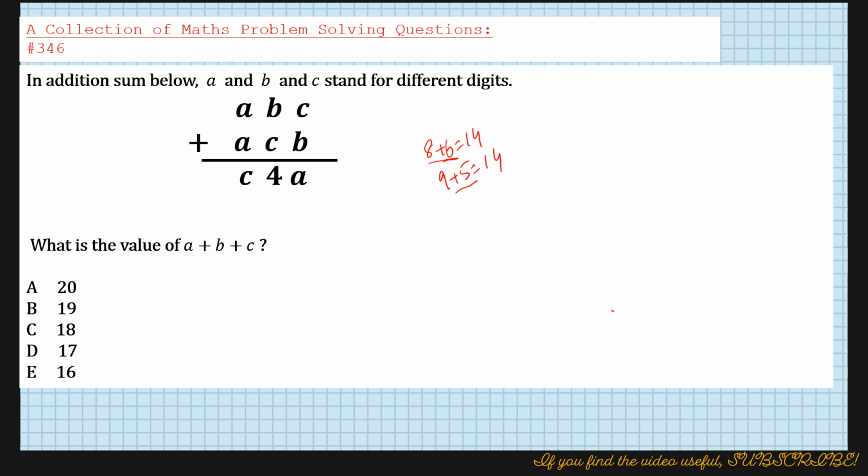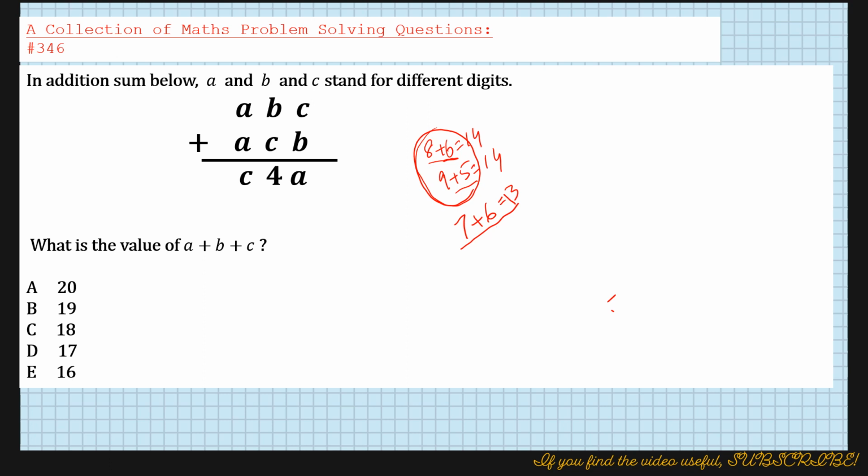You can't have 6 and 8 and then 5. So it's either of these options that will work. We can have a 7, you see. So we can have 7 plus 6 is 13, and if you have 13, then you can do a carryover and the 6 becomes the 7.